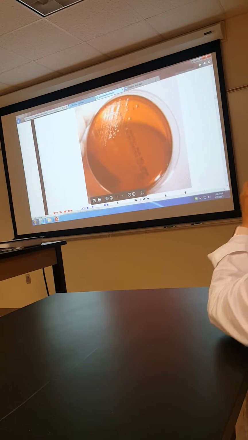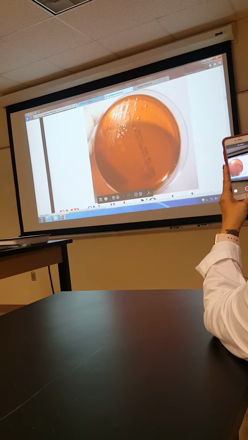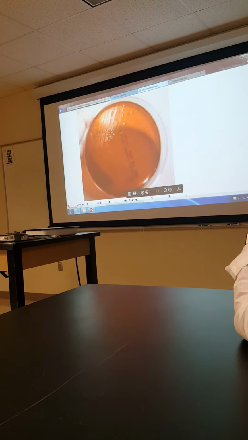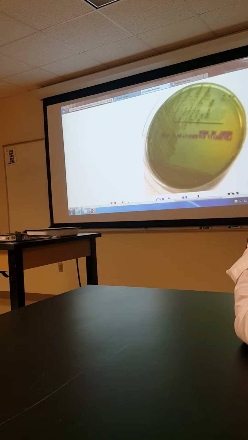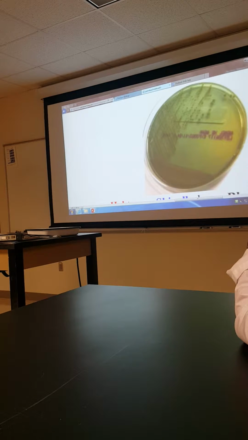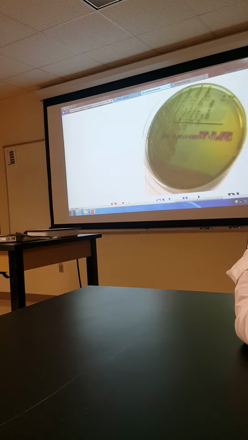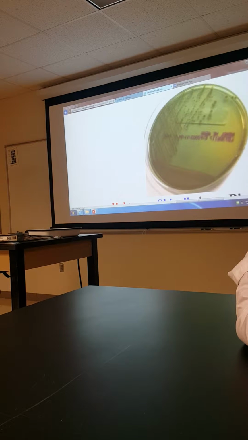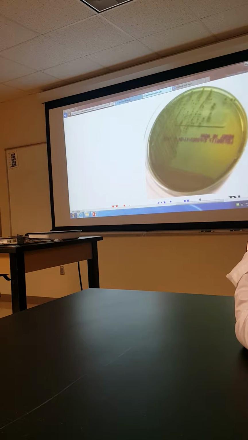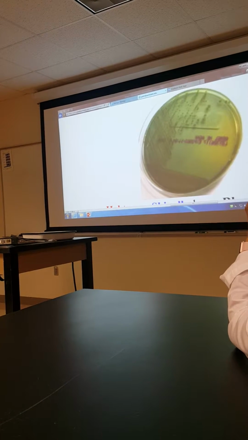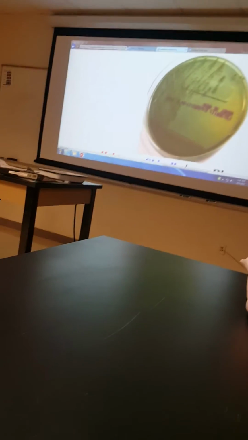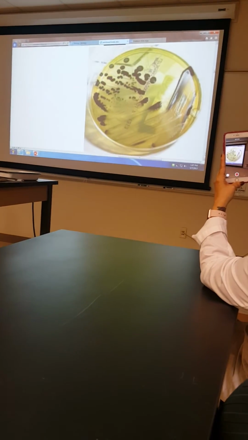Okay, let's say you see this plate, and then right next to it you see this plate. What can you determine from those sets of plates? Actually, a better example.